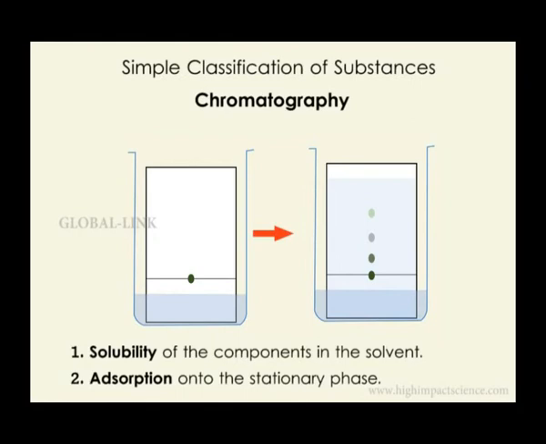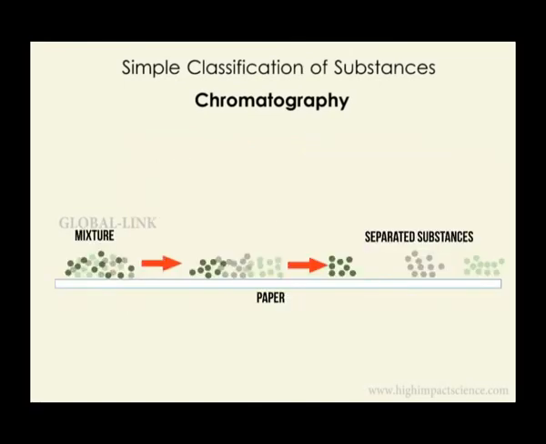And so it's really a combination of these two factors that determine how far a substance moves. So in this case, we can say that the lowest substance had the strongest adsorption or the lowest solubility. You should notice that the mixture is now separated into pure substances.